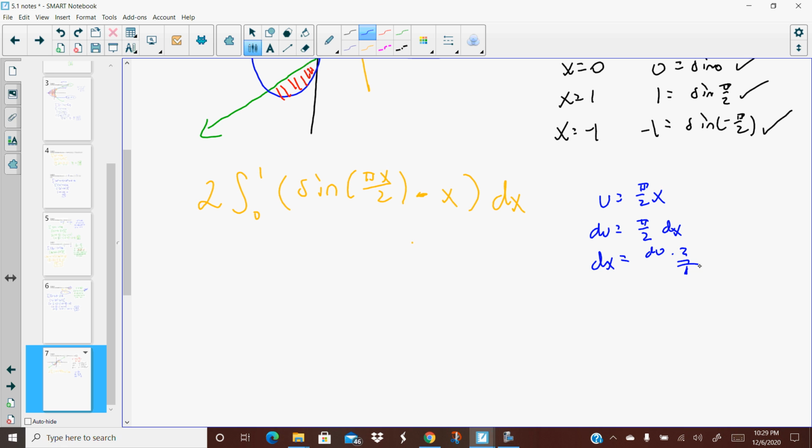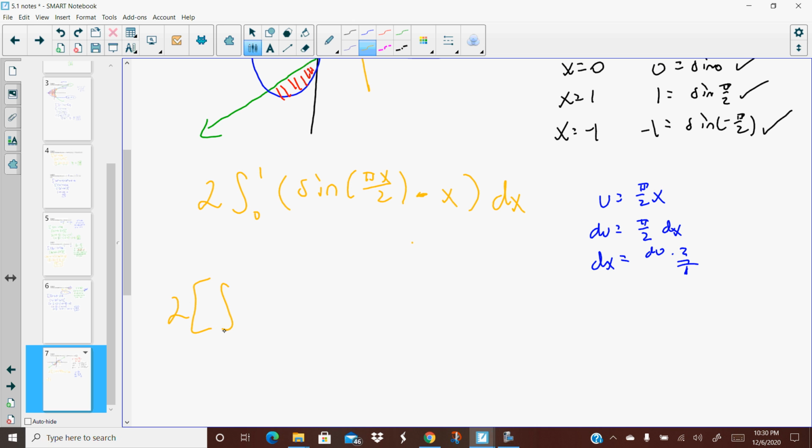So we're going to actually go ahead and split this integral up. So I'm going to have 2 times the integral. Now you can change the bounds or you don't have to change the bounds. I prefer to do that, so I'm going to change the bounds.